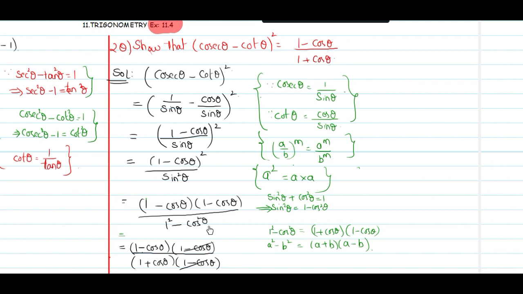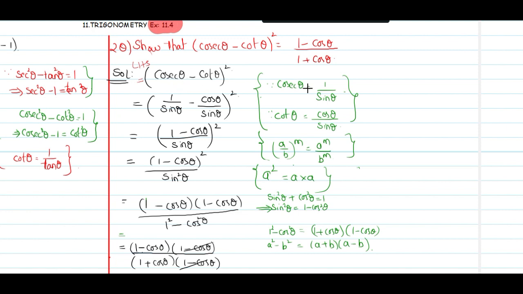For this, what will we do? We will take the LHS first. What is the LHS? Cosecant theta minus cot theta whole square is the LHS. Now, what are we doing? We are writing it in terms of sin and cos.